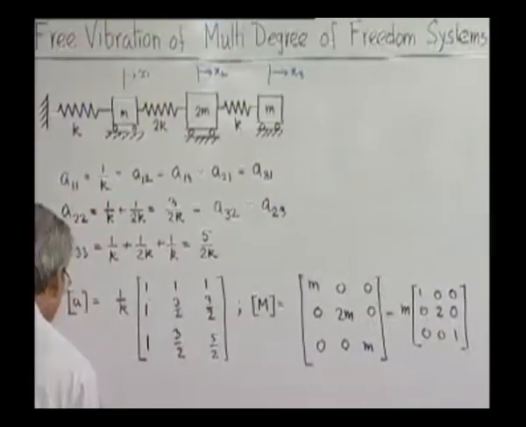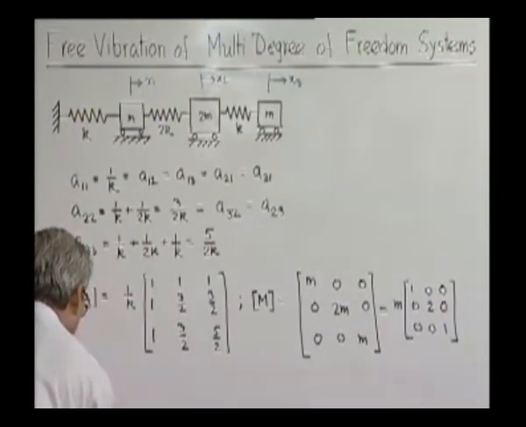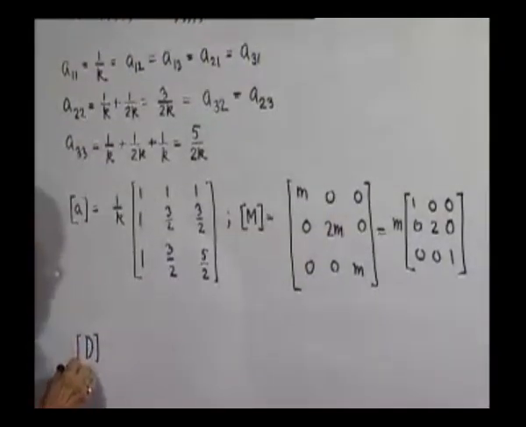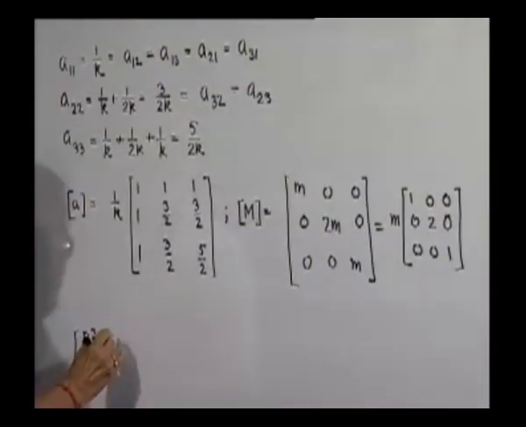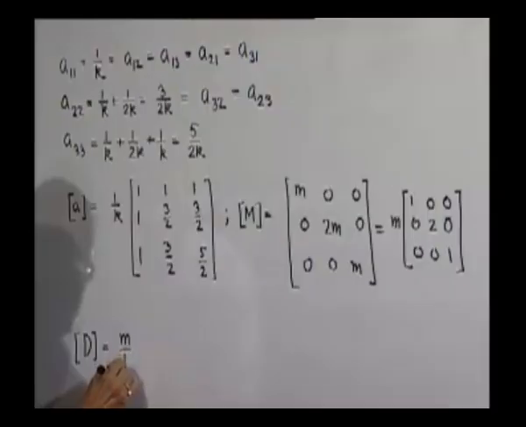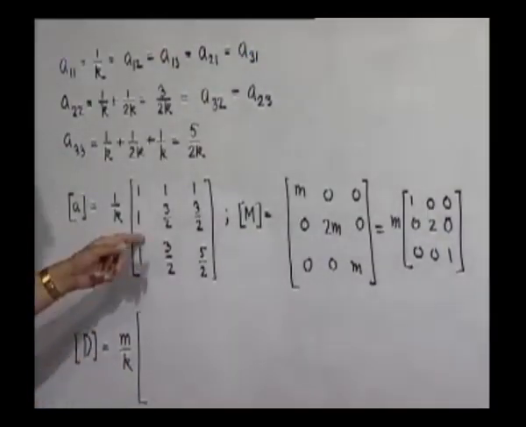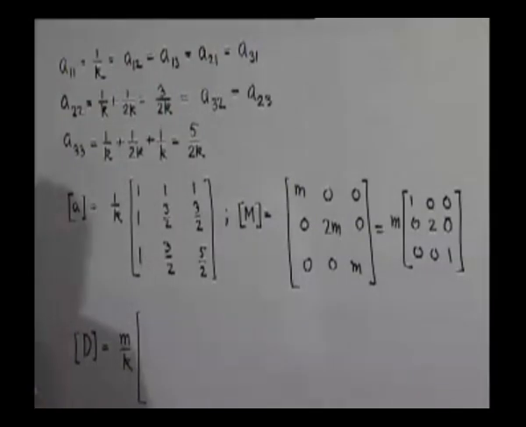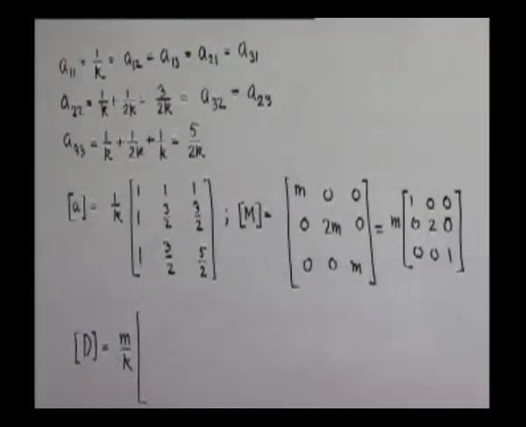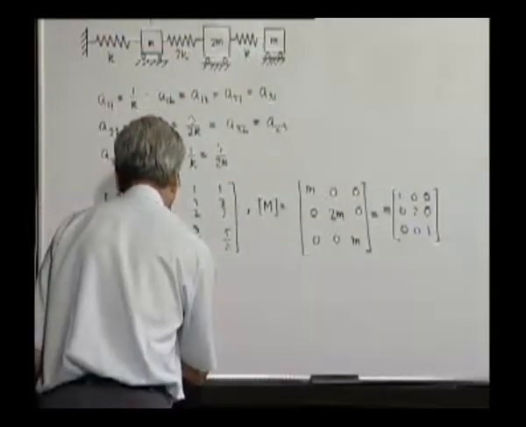So, the D matrix is equal to M by K into this into this. The result I will give, it is straightforward.